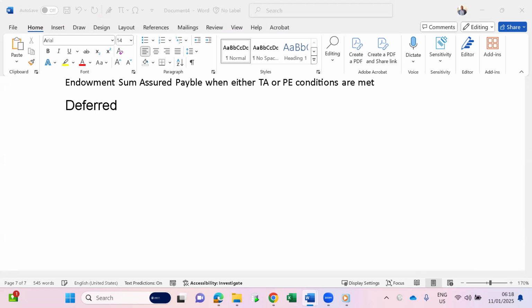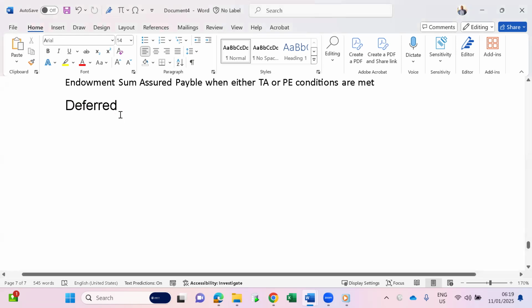For the whole life assurance, the random variable is we're just going to PV that sum assured, and the K_x is the random variable. We don't know when you're going to die.